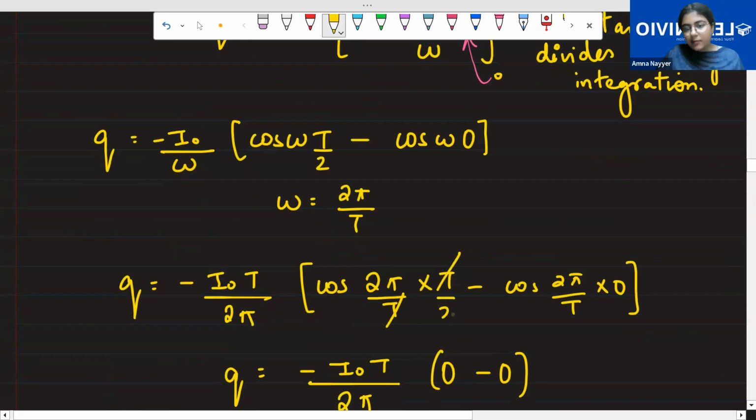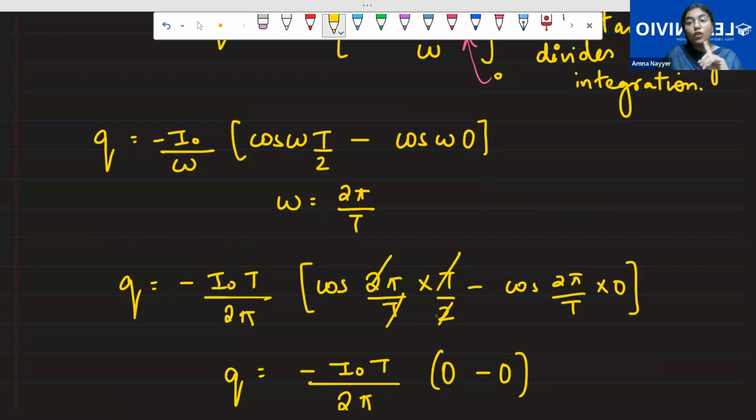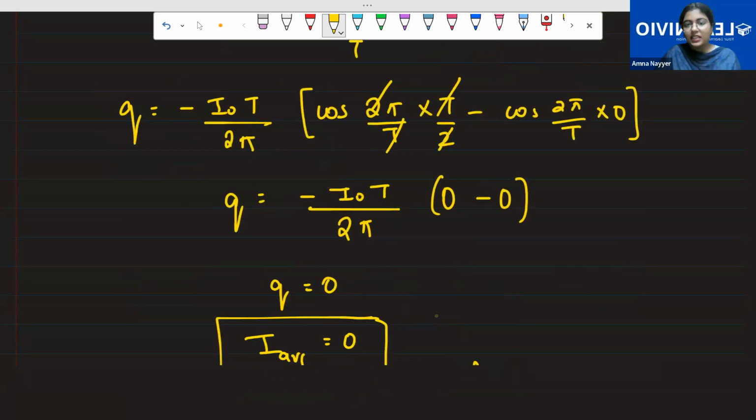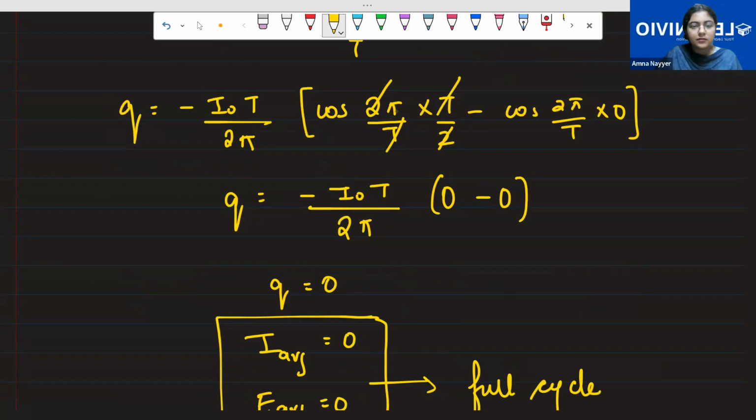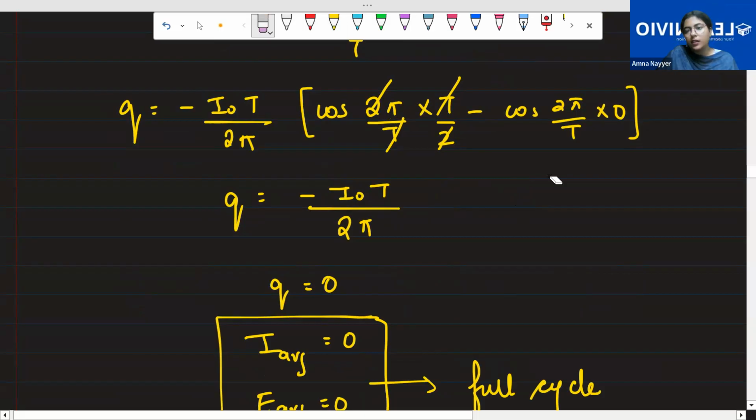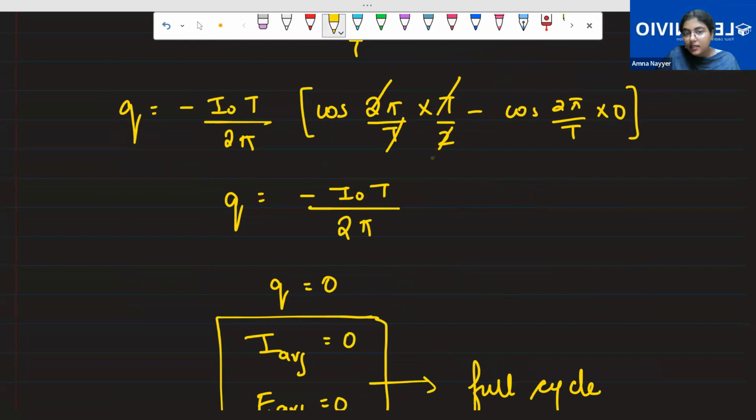Okay, so if I have t by 2 over here, now 2 will also be cancelled. So this is not cos 4 pi, which is 0. This time this is cos pi. What is cos 180-degree? Yes, class, what is cos 180-degree?